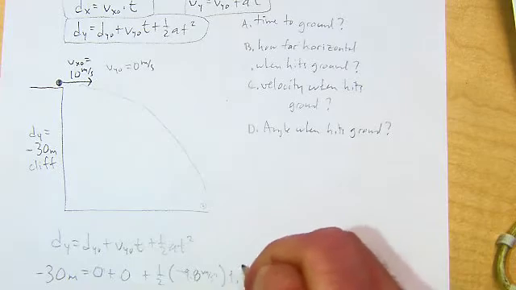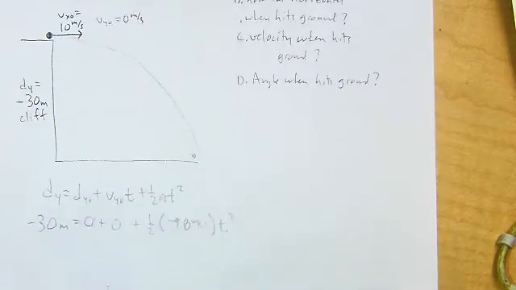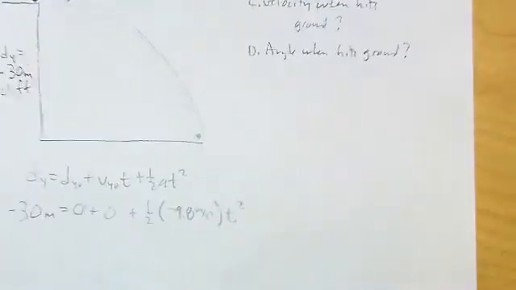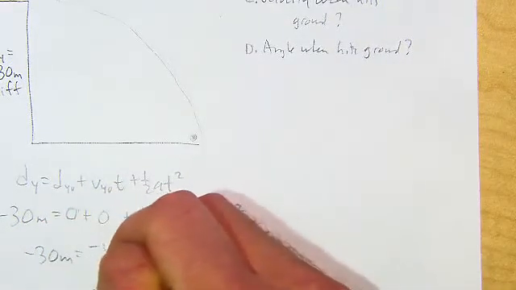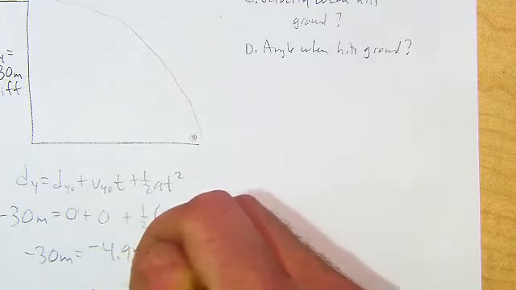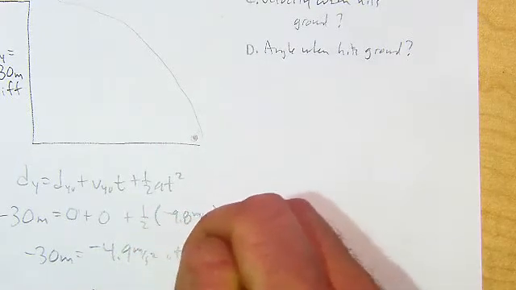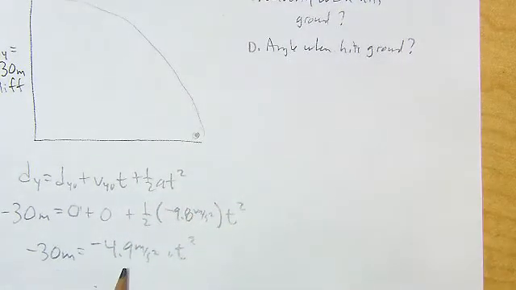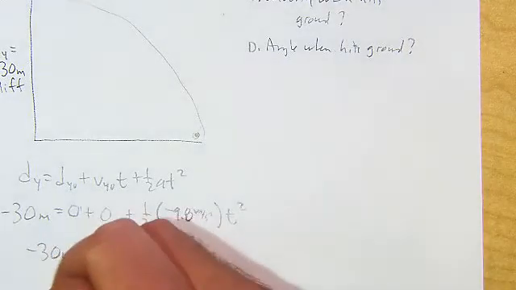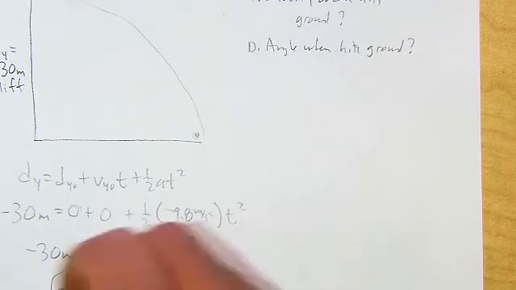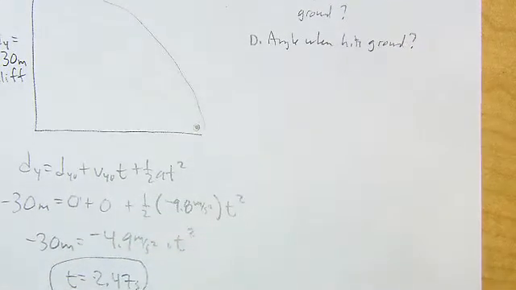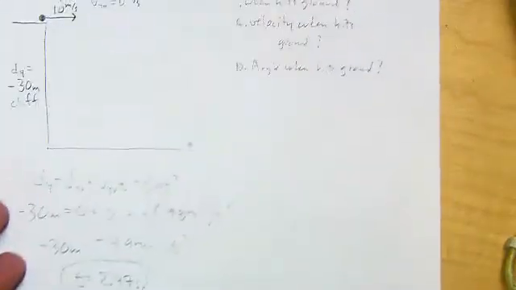And then t squared. If you solve that out for t, divide each side by negative 4.9 and square root, I got t is 2.47 seconds. That answers that first question: how long does it take to hit the ground?